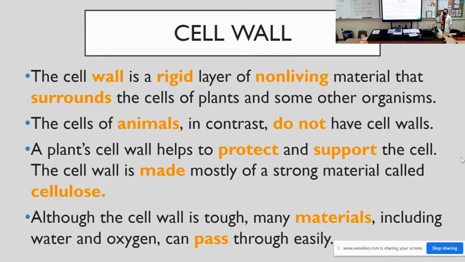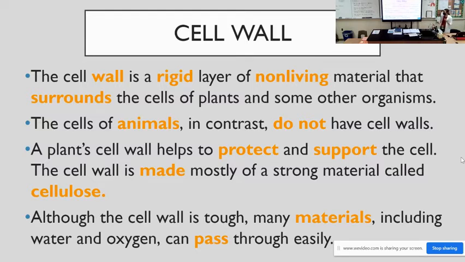So it acts like a barrier to monitor and determine what material can pass in and out of the cell. And that also gives the plant cell its structure. Like when we looked through our microscopes and did our online activities, when we looked at plant cells, they looked boxy and had a specific structure.